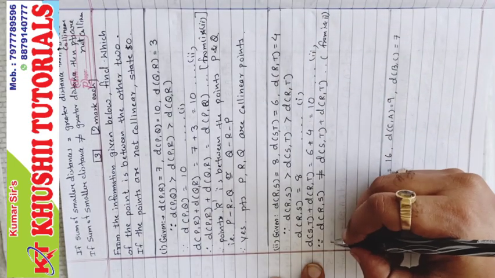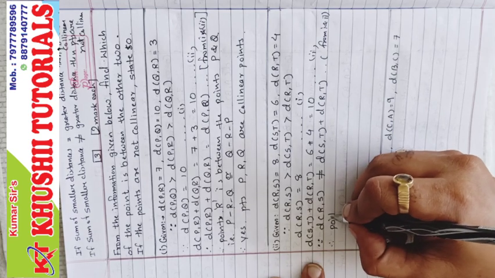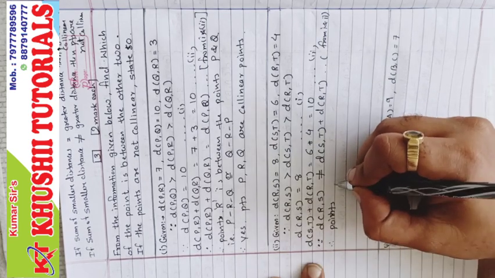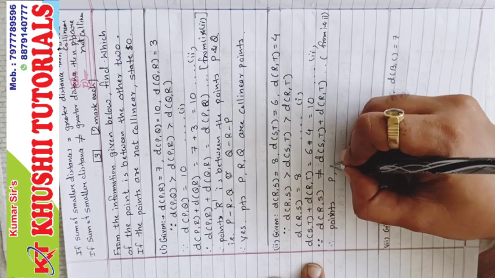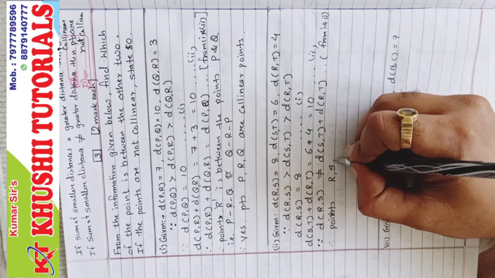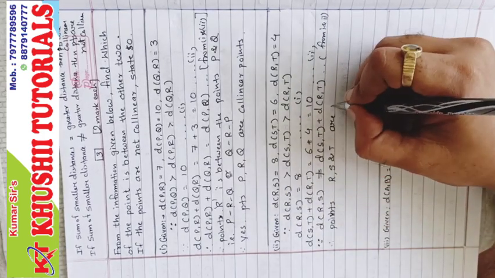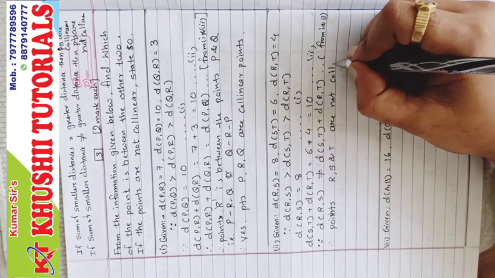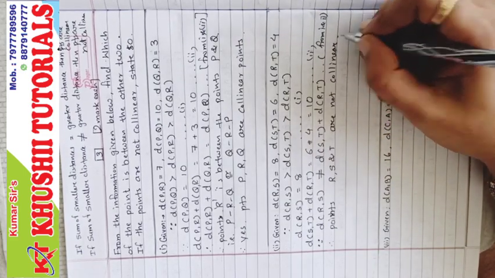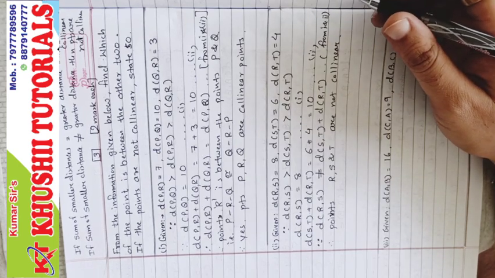As they are not equal, therefore directly we can write: points R, S and T are not collinear. The next one, the third one.